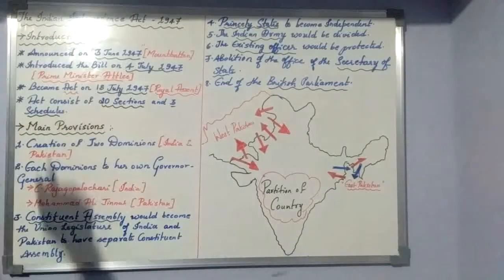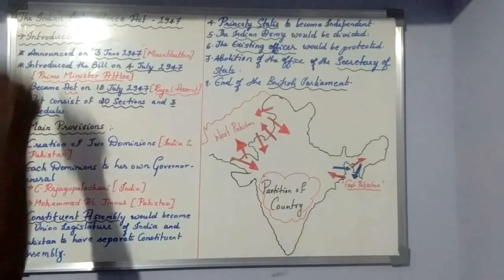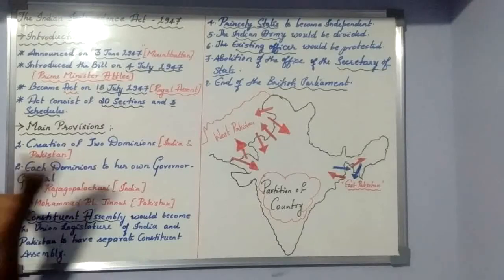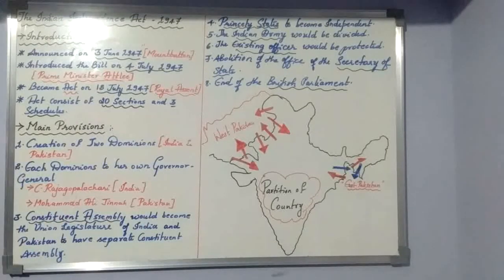So on 18th July 1947, the ordinary bill turned into an act. It is said that the Indian Independence Act consists of 20 sections and three schedules, which say how the power is going to be transferred to Indians. That is mentioned here.